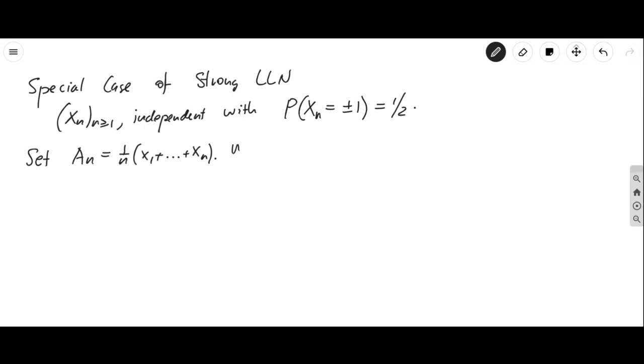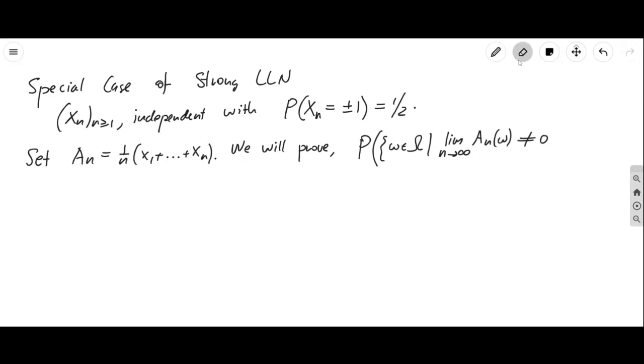We will prove that if we were to look at the set of sample points so that the limit of a_n at those sample points does not converge to 0.